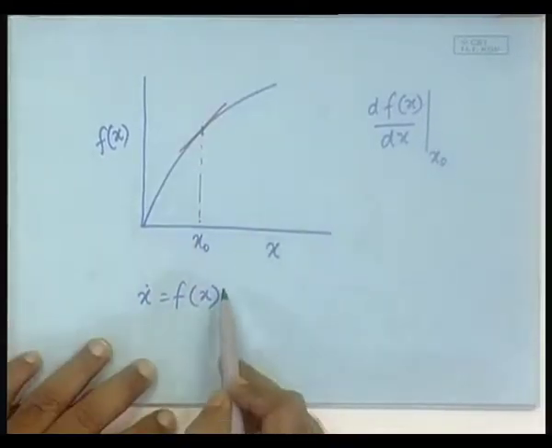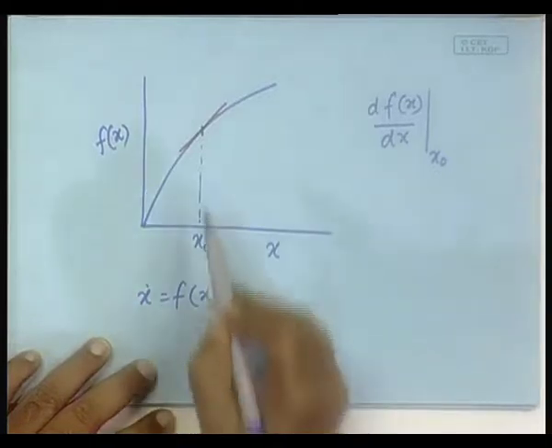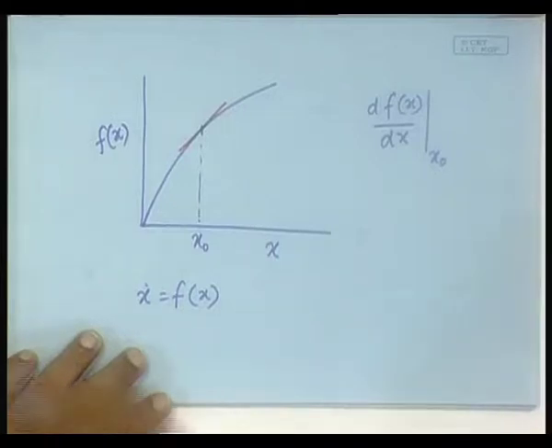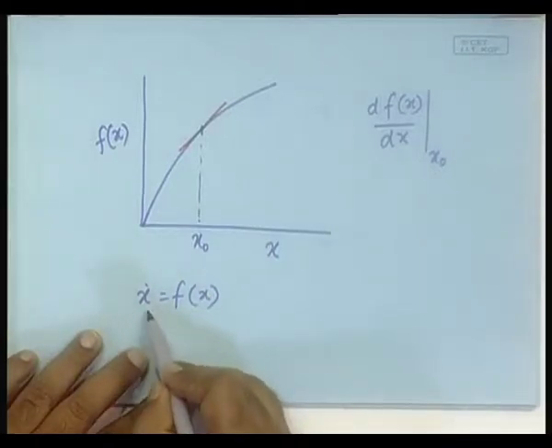Now, suppose this was the original function and I want to locally linearize it here. Then what would the local linear equation be? This is the differential equation.